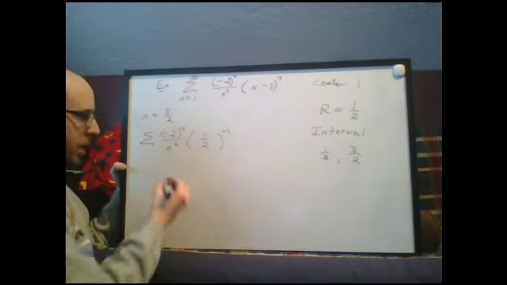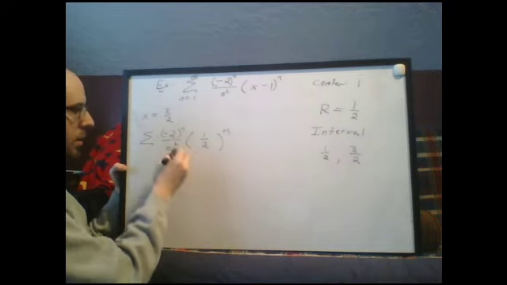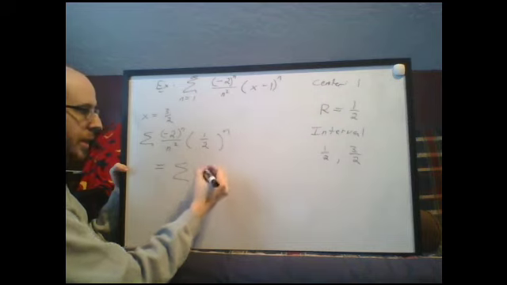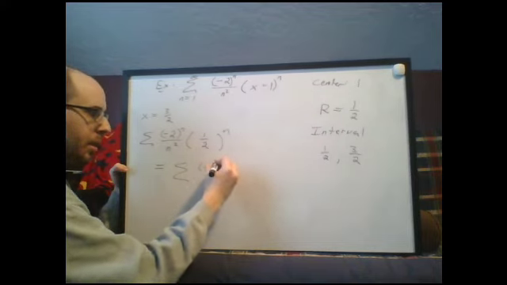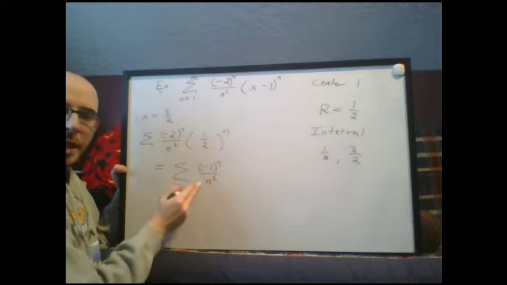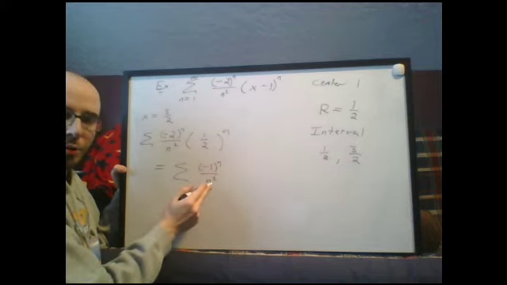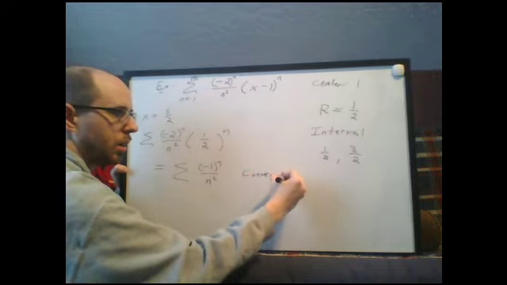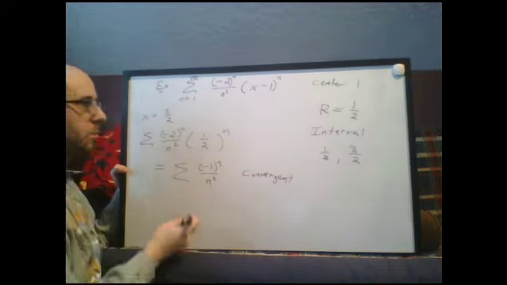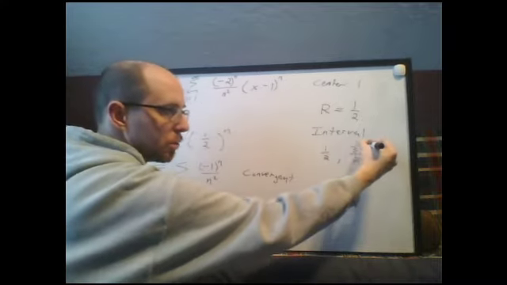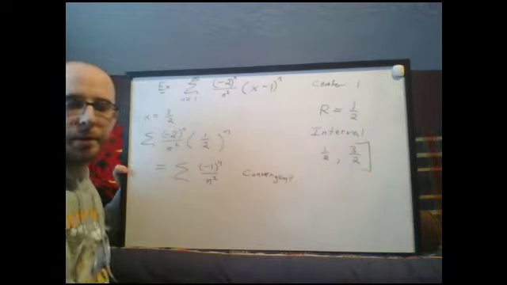Now if I simplify that, negative 2 to the n on top divided by 2 to the n on the bottom, that's going to leave me with negative 1 to the n over n squared. That's an alternating p series with p equals 2. That's convergent. So that tells me when x equals 3/2, I get a convergent series, so 3/2 should be part of my interval.